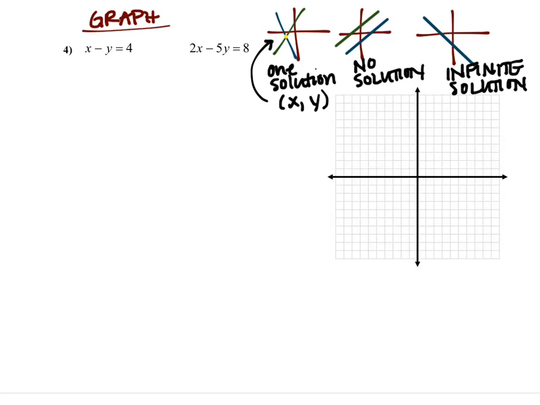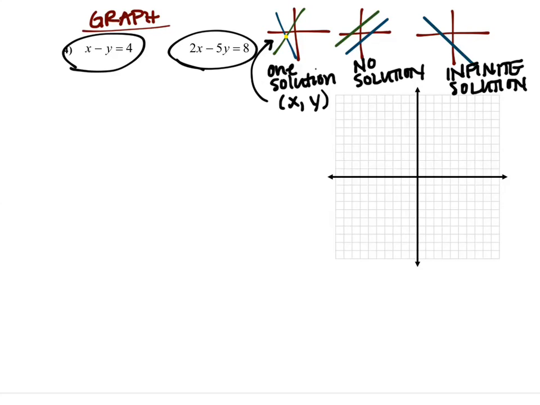In that case, we're now going to take a look at number 4 and see what type of situation we have. When we graph, we can use both the x and y intercepts if the equation is in standard form, and in this case both of these are in standard form, or we can use y equals mx plus b.